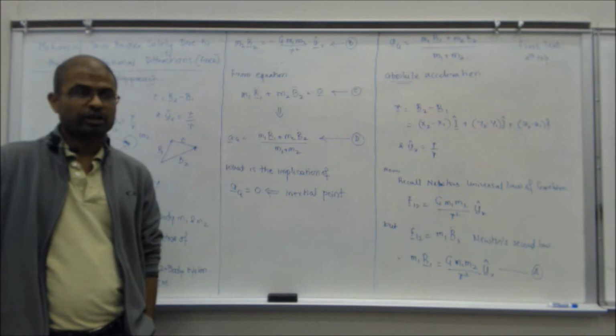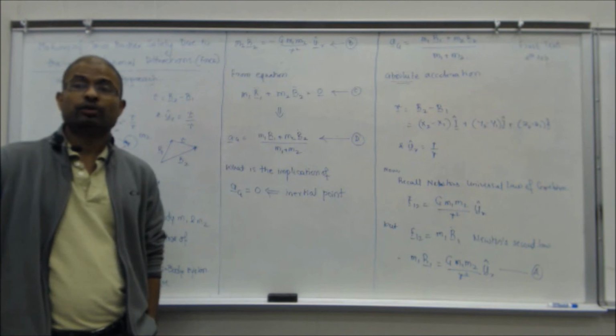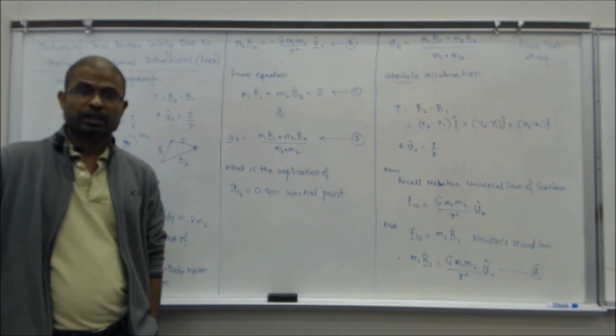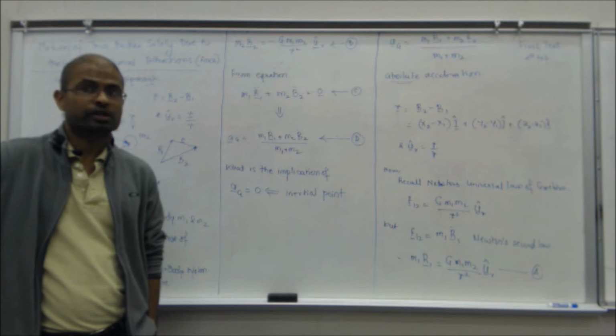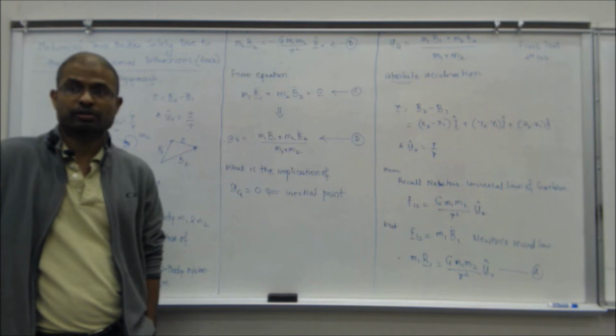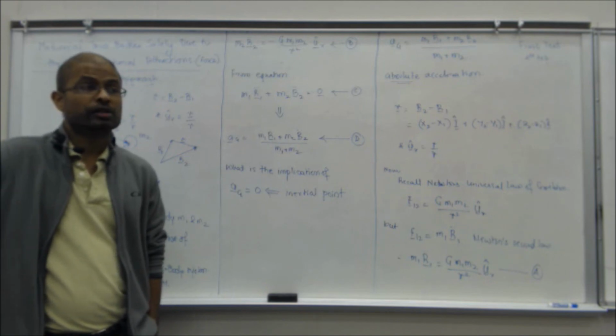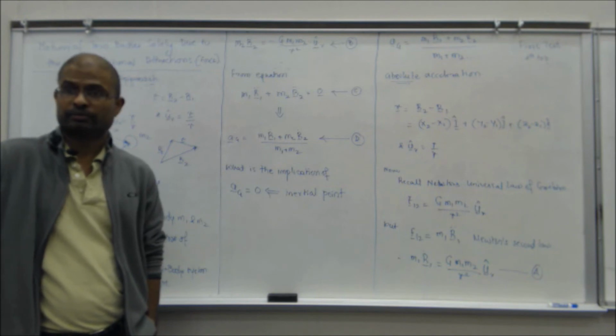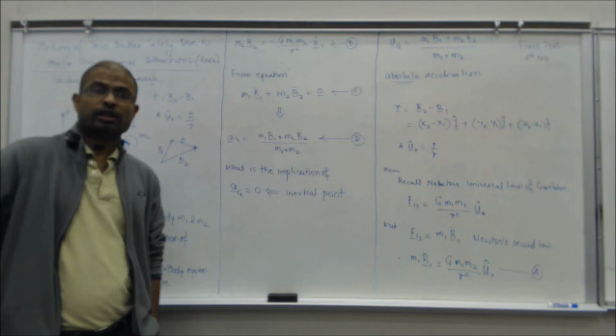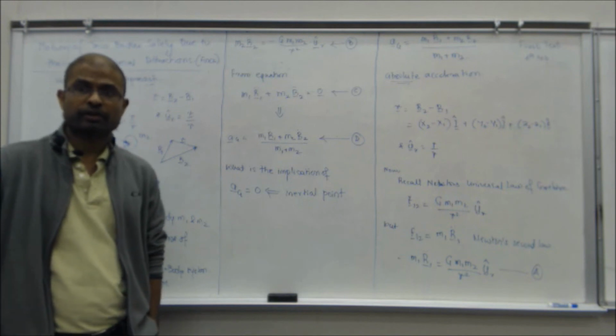Now, what is the condition for the reference frame? The distance between any of these points is not changing as time progresses. If the distance between them changes, that is not a reference frame, because then the reference frame is changed.